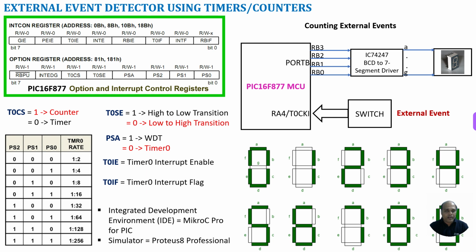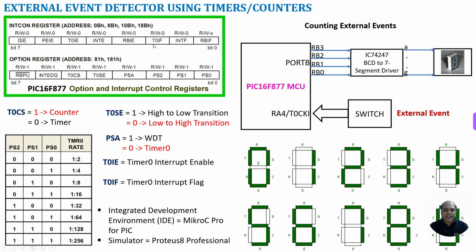If I want to indicate it to the CPU, then I have to enable this timer 0 interrupt enable, and I need to enable the GIE. GIE is for global interrupt enable. If I want to activate any interrupt, then this GIE should be 1, and this T0IE is the enable bit for timer 0 alone.